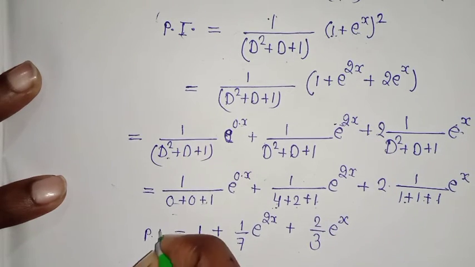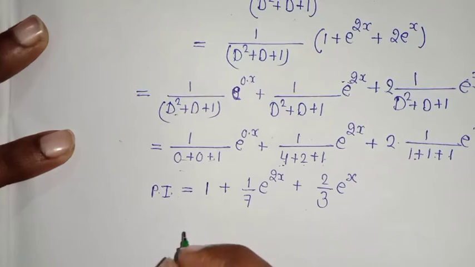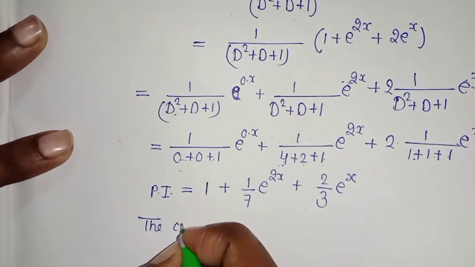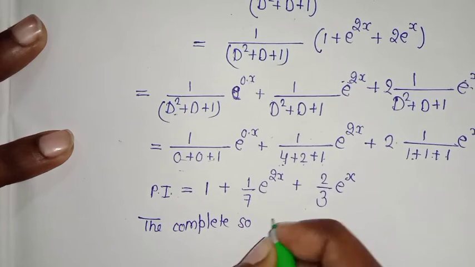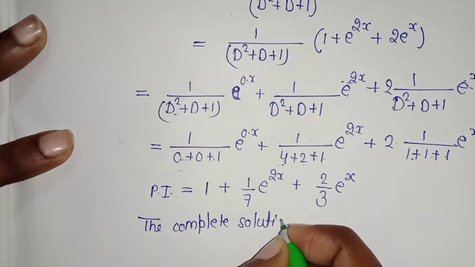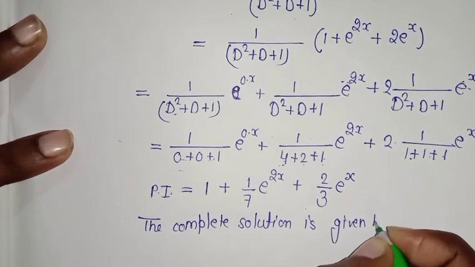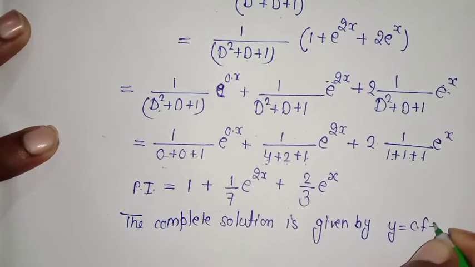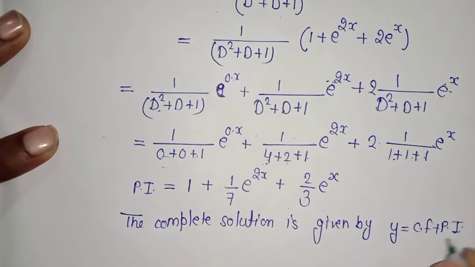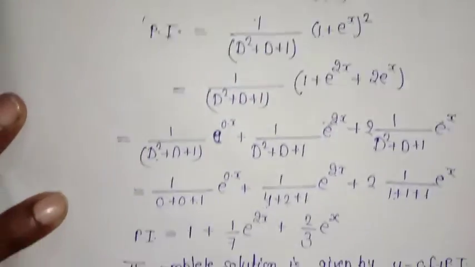And now we know that the complete solution is the sum of complementary function and particular integral. So the complete solution is given by y is equal to CF plus PI. Now we will take the sum of CF and PI here.